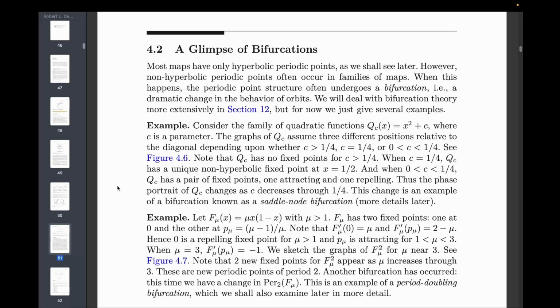And then it starts with bifurcations, which is kind of like when something weird happens to the properties of fixed points, or hyperbolic fixed points, or periodic points. And the idea is that when a parameter is being changed, things will happen when it reaches a certain point. And a good example is x squared plus c.